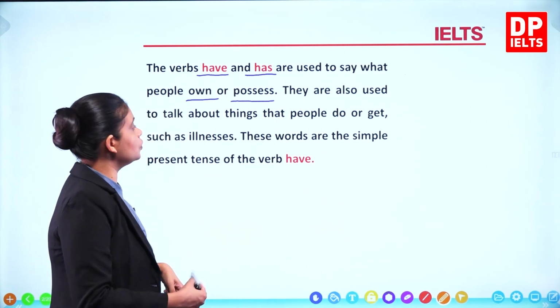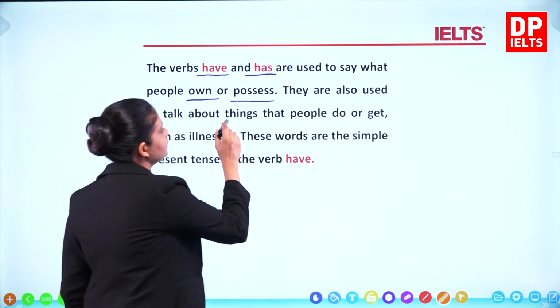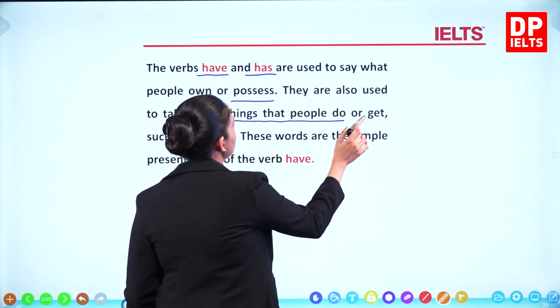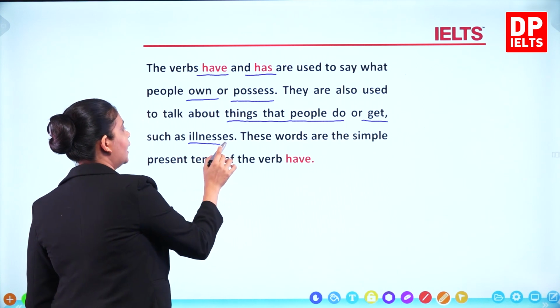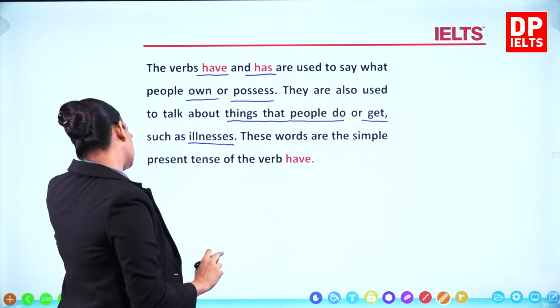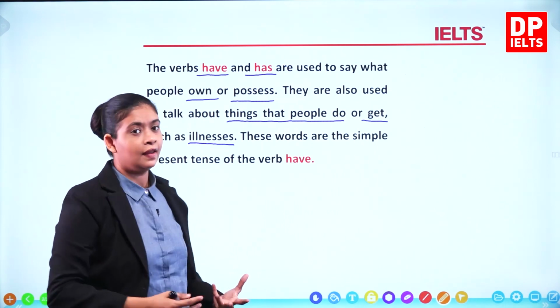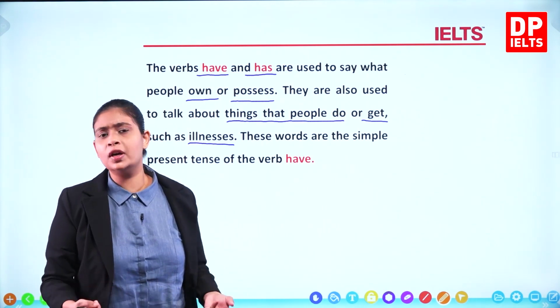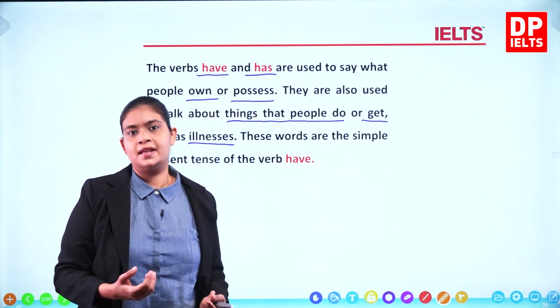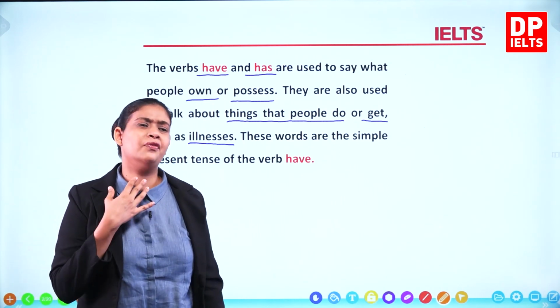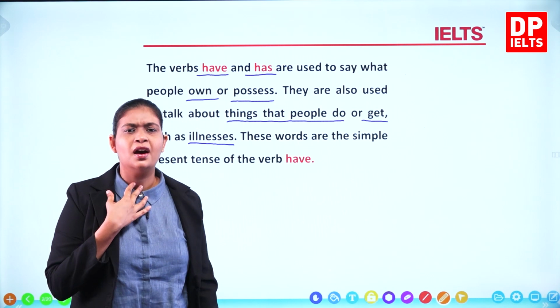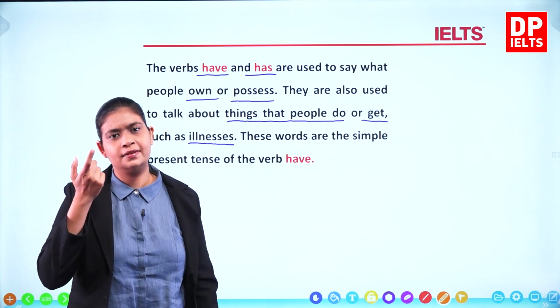They are also used to talk about things that people do or get, such as an illness, right? So it can be about something that people actually do or get. Now, example, I have a cold, I have a cough, I have a bad sore throat, I have a bad headache, right?